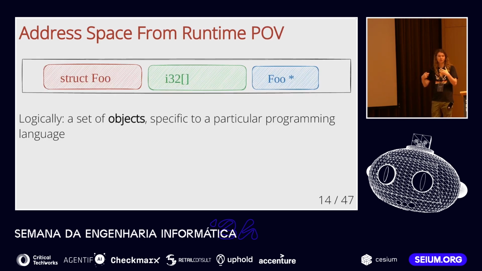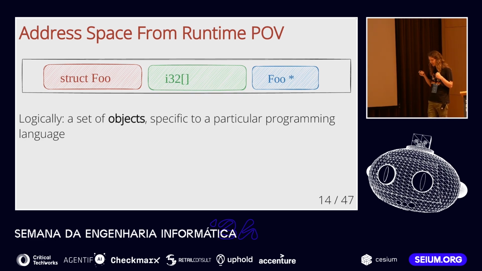However, your program, in some programming language, uses this memory in more intricate ways. It generally allocates objects into this memory. Your language runtime says, hey, this region of memory is a struct foo, this region of memory is a pointer, and this region of memory is an array.